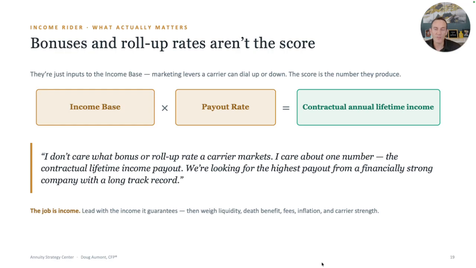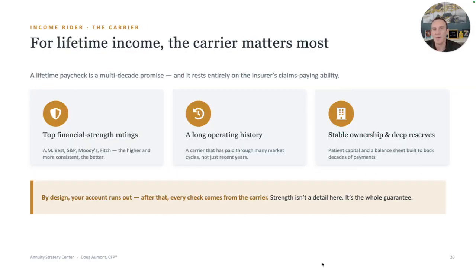And when we're looking for the highest payout from a financially strong company that's stable and has been around for a while, with lifetime income we're effectively committing to a really long-term relationship with this company, right? I mean, we're hoping to receive payments for 20 plus years. And so we want to verify the financial strength of the company. We're going to look at different rating agencies to confirm that they have high credit, that they haven't had any downgrades recently.